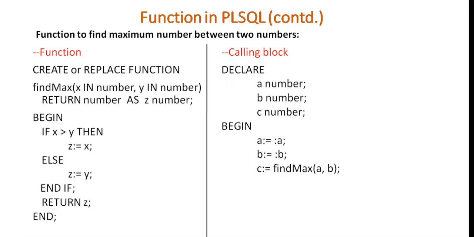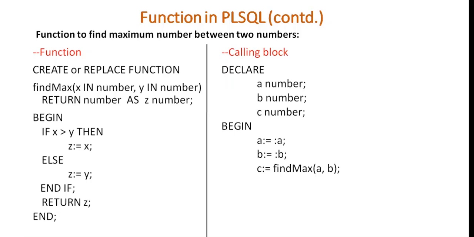Whereas at the time of calling procedure, we have written find max a, b, c. Means at the time of calling procedure, we are passing input parameter and we are also passing output parameter. But at the time of calling function, we pass only input parameter. We don't pass output parameter.